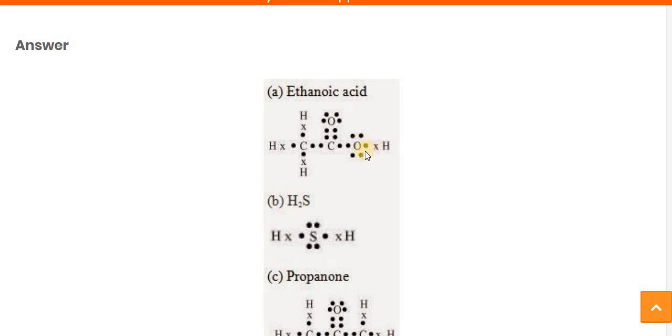And here the oxygen shares 1 electron with this hydrogen. So oxygen requires 2, so that 2 is given by the carbon. And here also oxygen requires 2, so one came from the carbon and one from the hydrogen. So how all these elements satisfy their outermost orbit, and thus the formula becomes CH3COOH. In that, between the C and O there is a double bond formed.